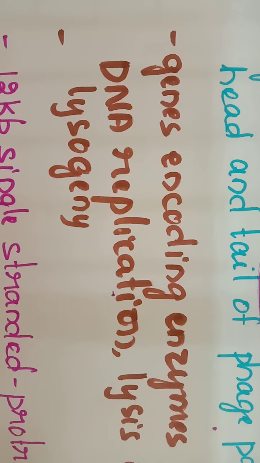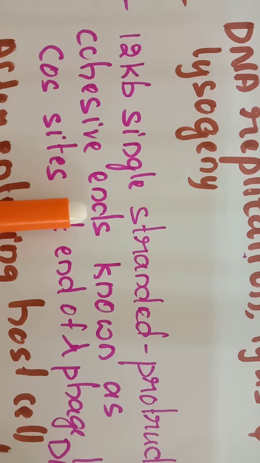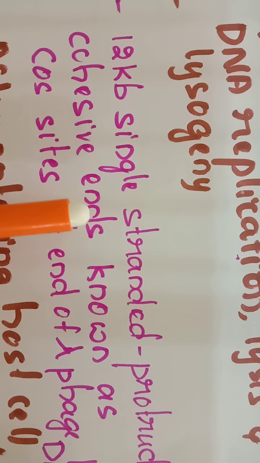Another most important thing about the lambda phage vector is that it has cos sites. Cos sites are 12 base pair single-stranded protruding cohesive ends. As I discussed previously, these join together to convert the linear DNA into circular DNA.